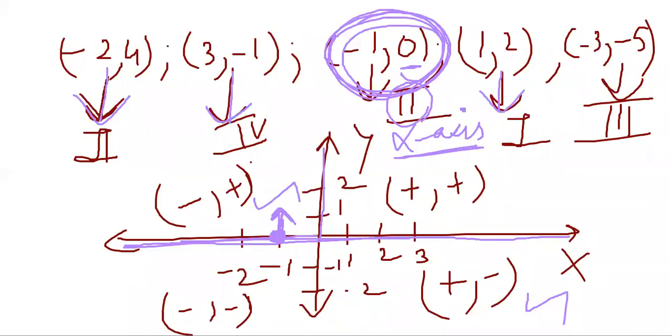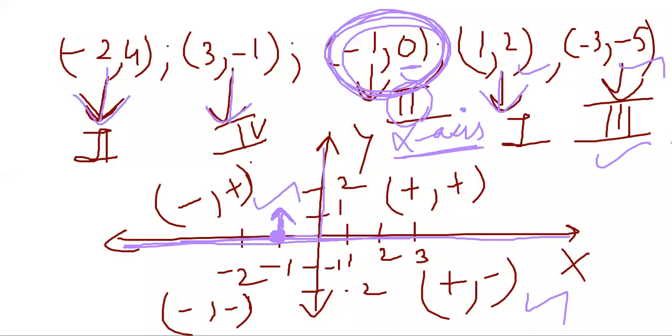Next, 1, 2, first quadrant, both positive, right? And next, both negative, third quadrant. Okay. Now if you have any query, you can ask. Great. So can you plot these points on the Cartesian plane also?